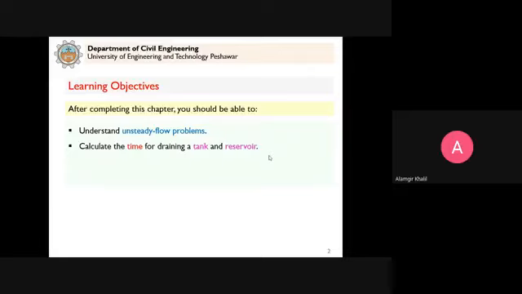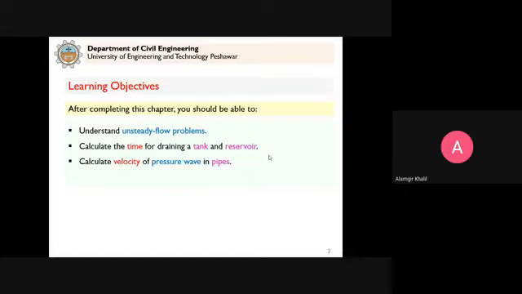For example, we have a tank and we want to drain it by orifice, or a reservoir we want to drain by a spillway, or how much time it will take for the water level to change from one level to another, or you want to completely empty the tank. So this we are going to learn in this chapter.